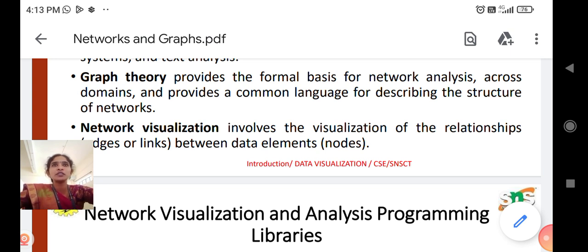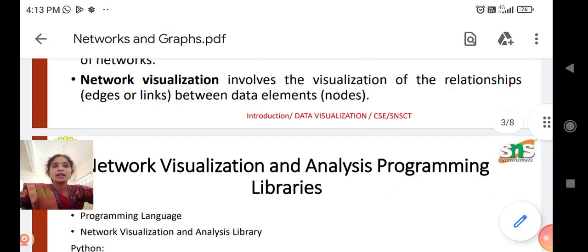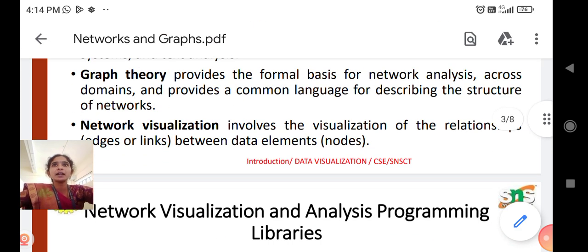It is used to visually explore and analyze complex data sets, and it helps identify patterns, clusters, and outliers. It is also used for communication, effectively communicating complex information to a particular audience. Then it is a problem solving process, used to understand and solve problems in a particular area.